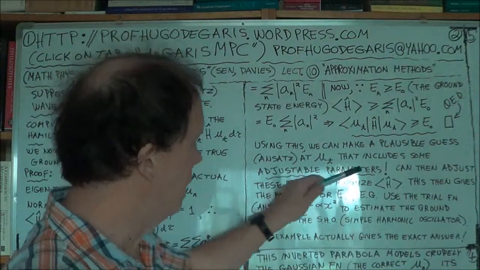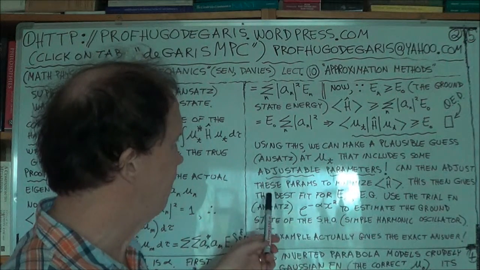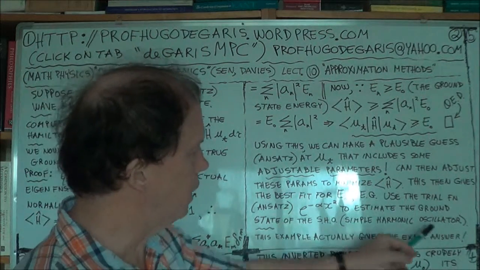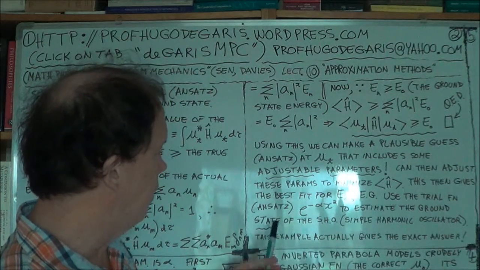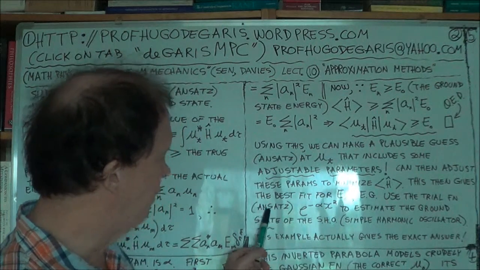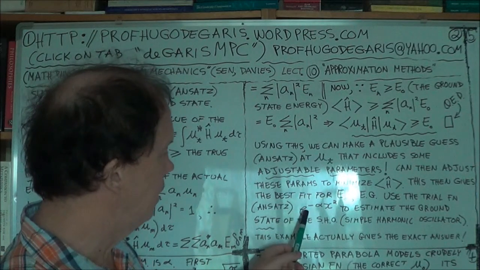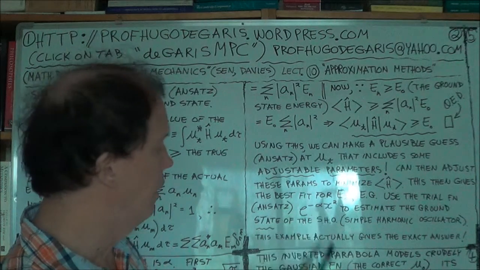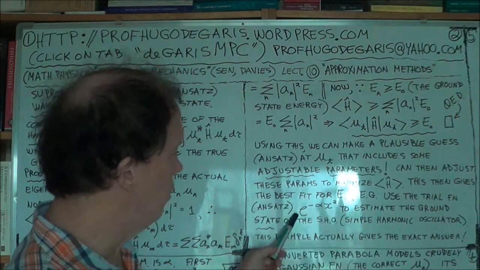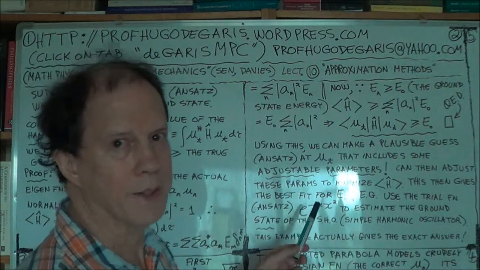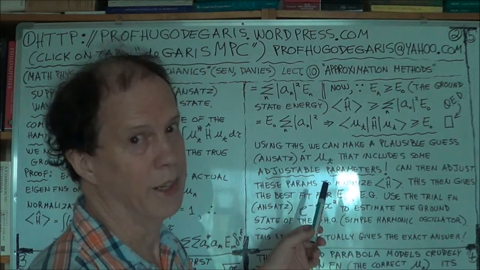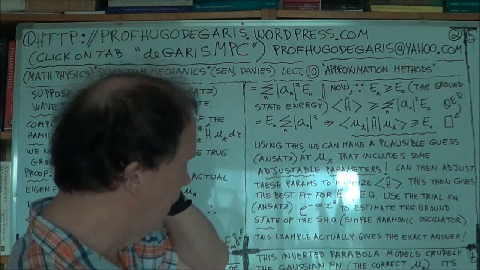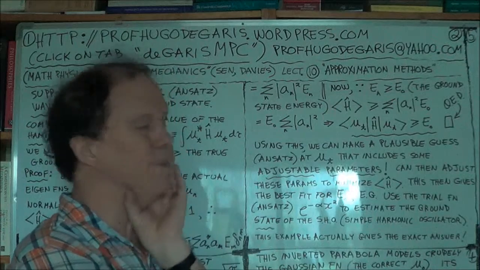Okay, so now let's actually try something. So the context is, we're talking about the SHO, the simple harmonic oscillator. We're going to guess, for the ansatz, the trial function, that it'll be something of this form. Let's say, so exponential minus alpha x squared. And you may query, well, where did this come from? Just fell out of the sky, right? I guess that's a little bit of a leap, okay? But it's sort of plausible because it's sort of Gaussian.